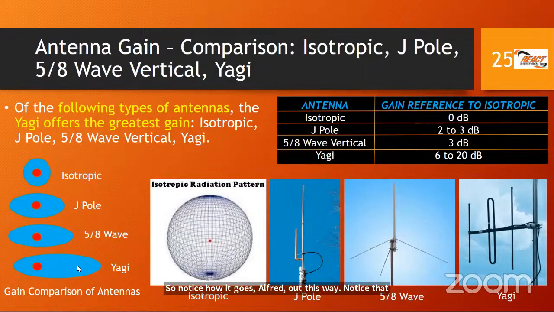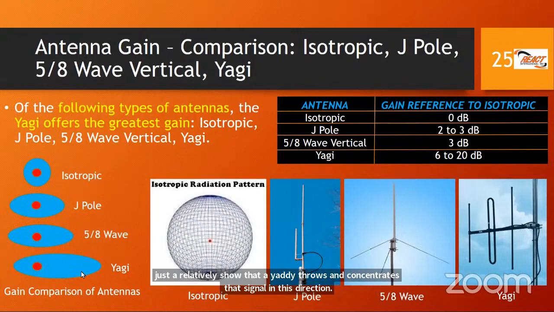And then the Yagi, if you notice about the Yagi, it is also sending a lot of its signal strength in one direction and actually much less in this direction, right? Now, these are not perfect diagrams. This is just to illustrate the concept, folks. So this is not the actual radiation pattern. This is just to relatively show that a Yagi throws and concentrates that signal in this direction very well.